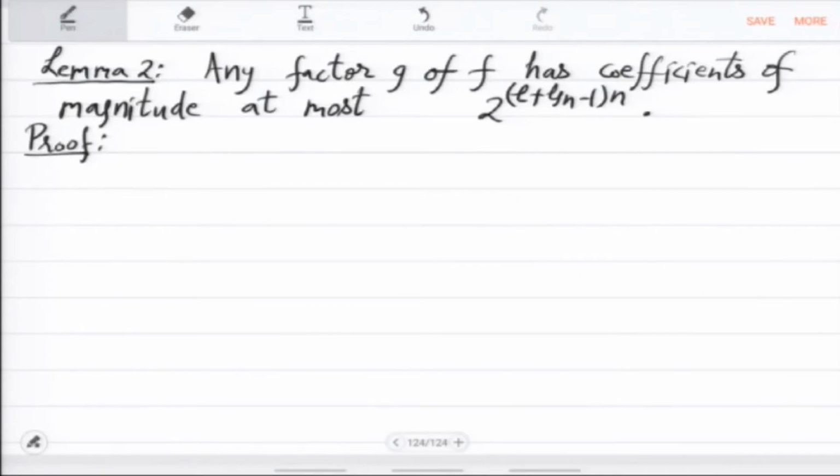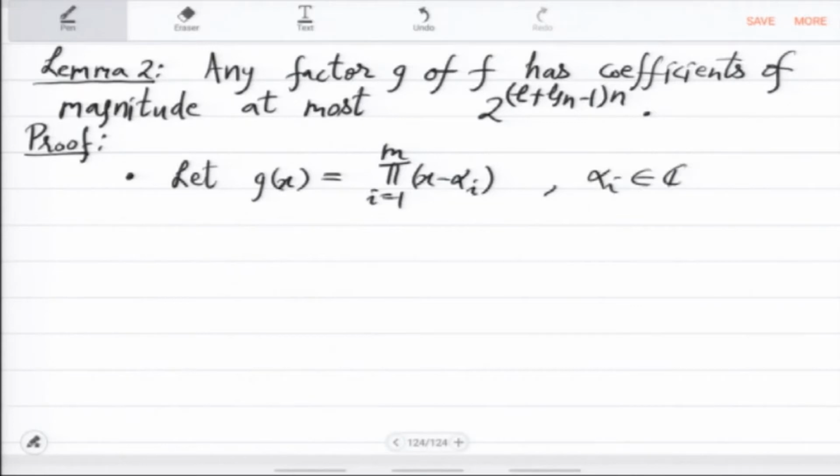Okay, so the way you will show it is by looking at the complex roots of the factors and applying lemma 1. So, factorize g(x) into roots. Let us say there are m roots, degree is m. The alphas are complex numbers, but g(x) is an integral factor. So these complex roots multiply together and you get integers, and for these integers we will have a bit size upper bound.